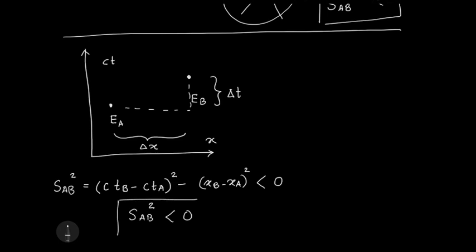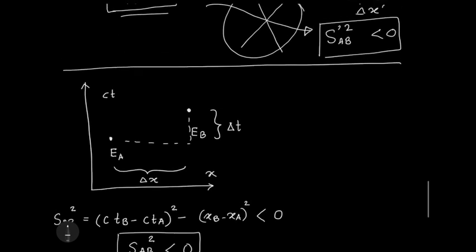And remember that I said SAB square is less than 0. This statement is independent of the reference frame. In all reference frames it has to be true because SAB square is constant. So in all reference frames space wins over time. So these are called space-like intervals.